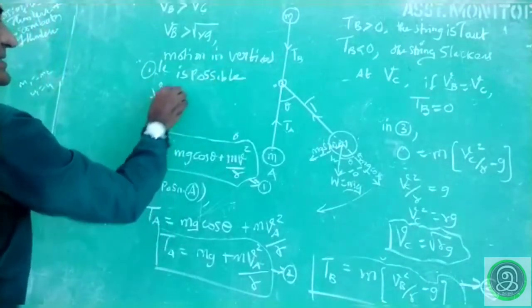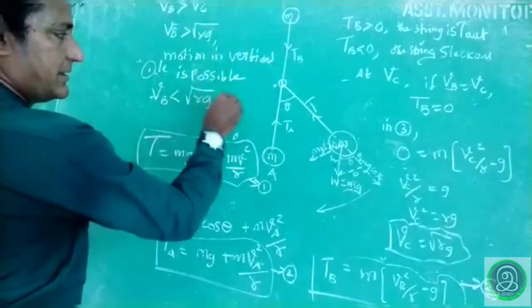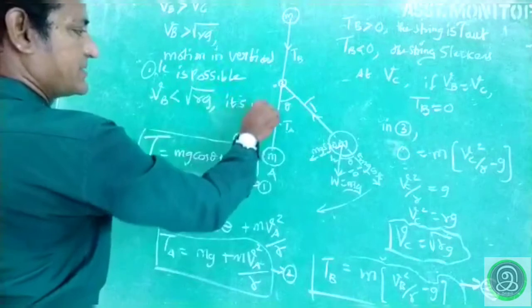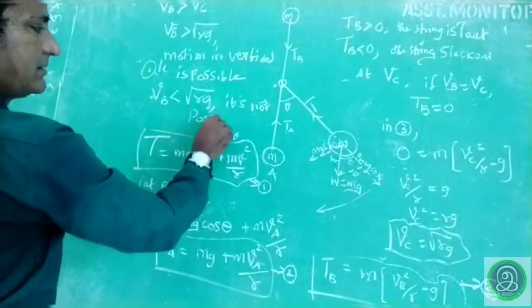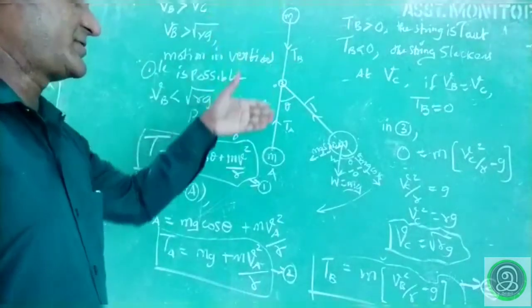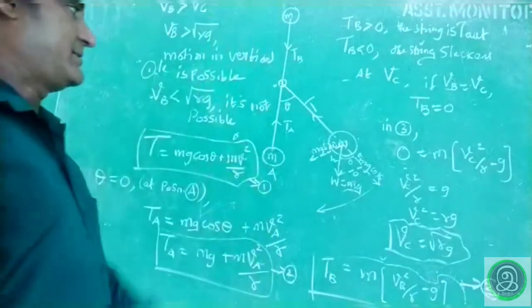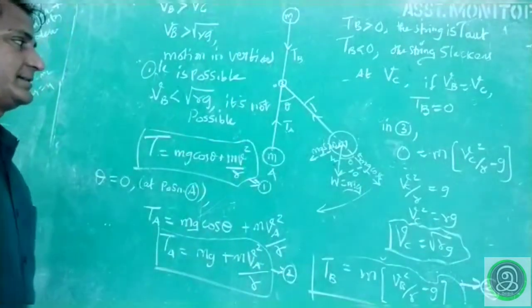If Vb is less than square root of Rg, then it is not possible. That is, the motion in a vertical circle is not at all possible. That is, the string will get slackened and then falls into the center itself. There is no circular path. Right? Like that.